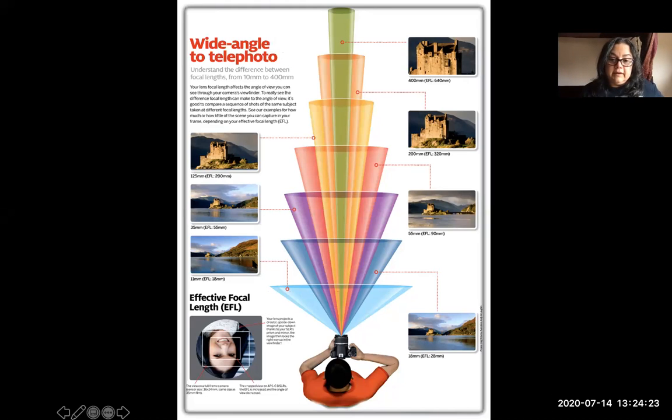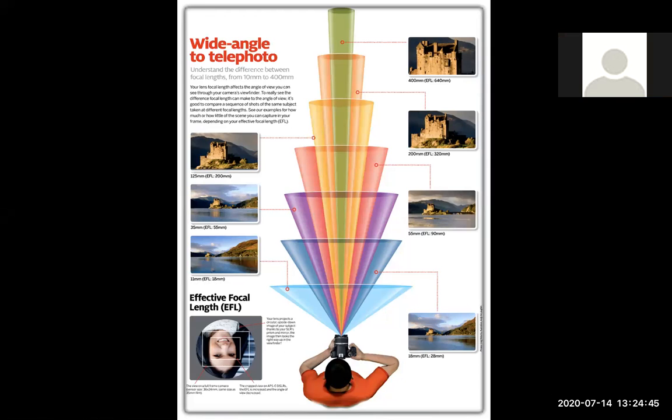So if we look at the image down on the lower left, it says 11 millimeters. It also says EFL. That stands for effective focal length. And that is because cameras that have full-size sensors, remember the sensor that is the size of the 35 millimeter piece of film, those are the focal lengths that are used as a standard.